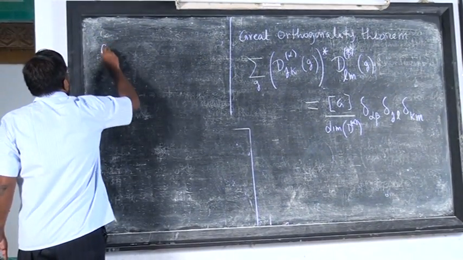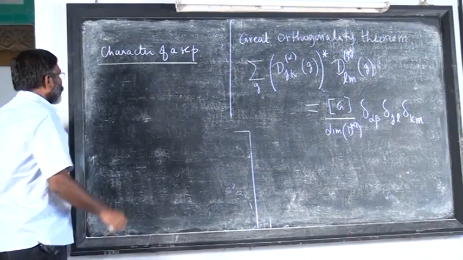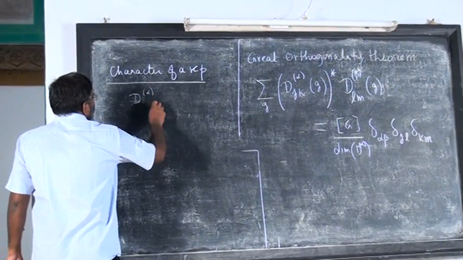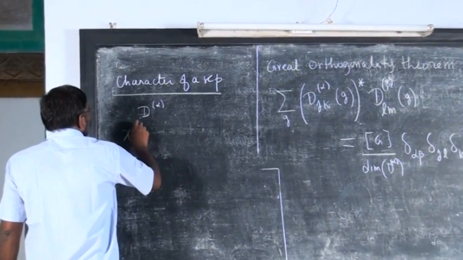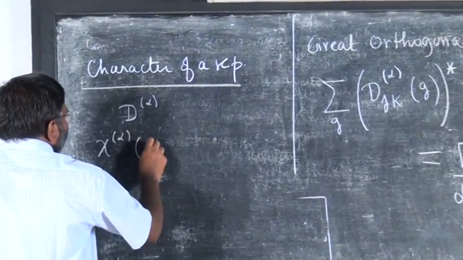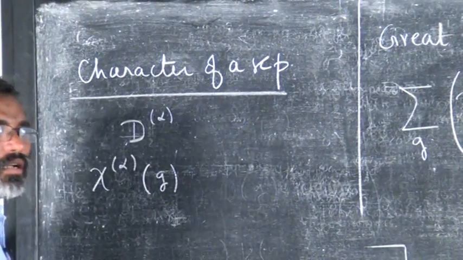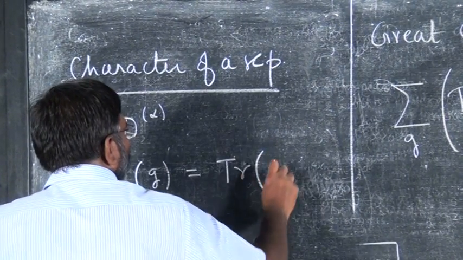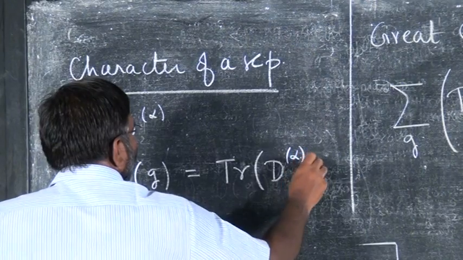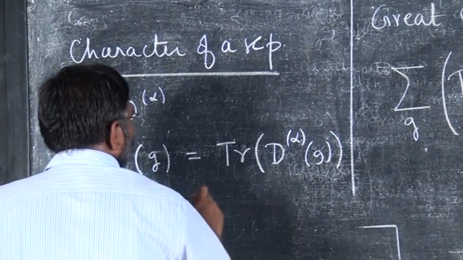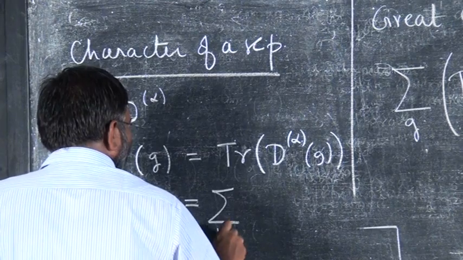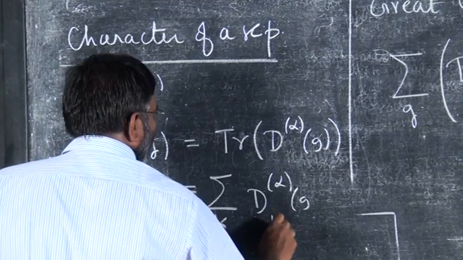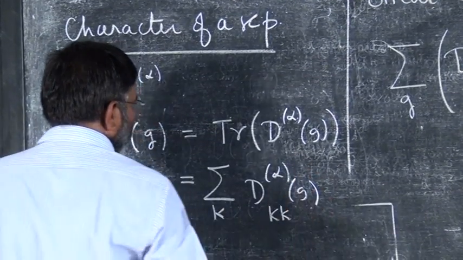We can define the character of a representation. So if you have d alpha, then the character of this representation alpha corresponding to an element G is defined as the trace of this representation matrix corresponding to G, which implies this is equal to sum over k of d alpha of g dkk of alpha of g.